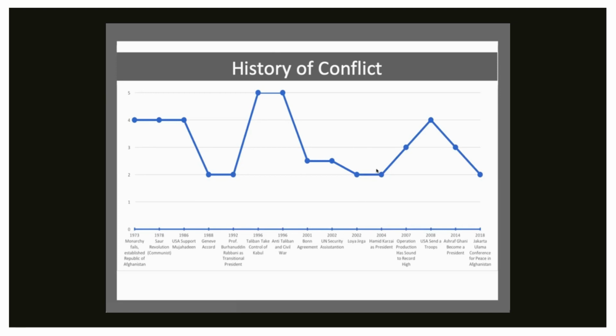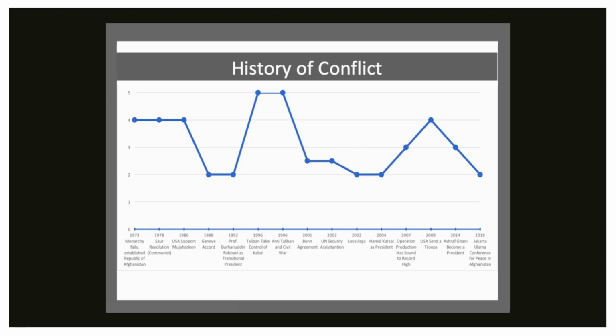But the conflict also escalated when the US sent troops to fight in Afghanistan, and then Ashraf Ghani became the president. And we see that this is the history of conflict.